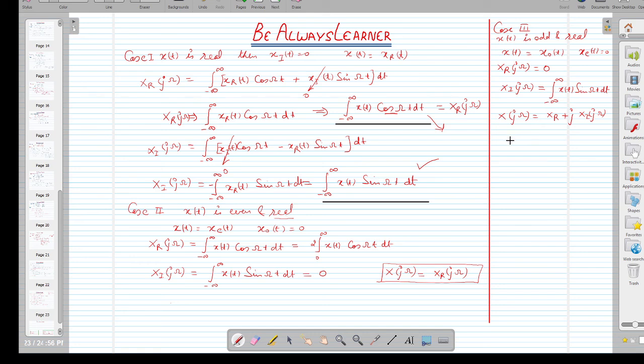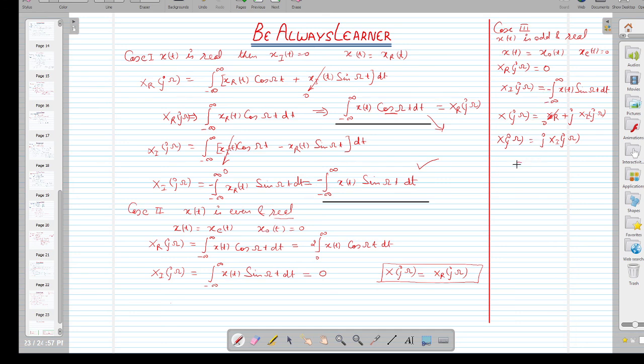So if it is so, then we have to compute x j omega. In that, this part is already 0, so we have to write it like j of x I j omega. We want to compute this one. So for that we can have a negative sign here.